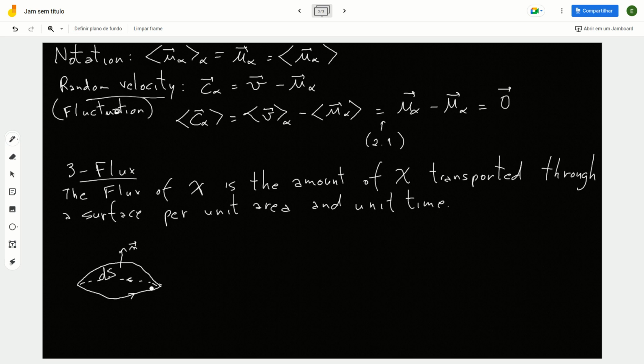So if you define the anti-clockwise as your positive direction, then the upper normal will be the positive direction. Okay, so we have two sides of the surface. You have this side pointing upward and the other side pointing downward.